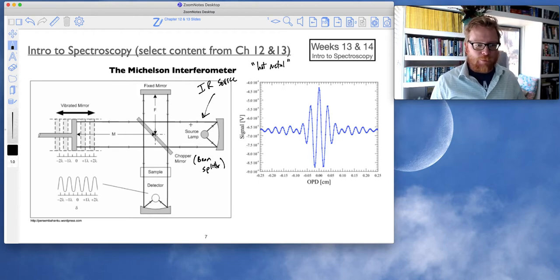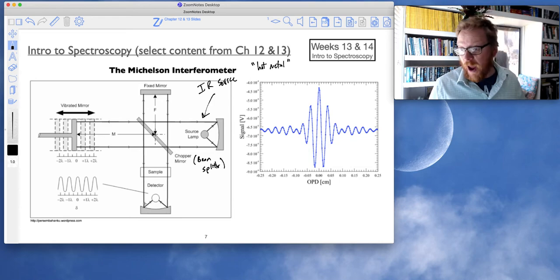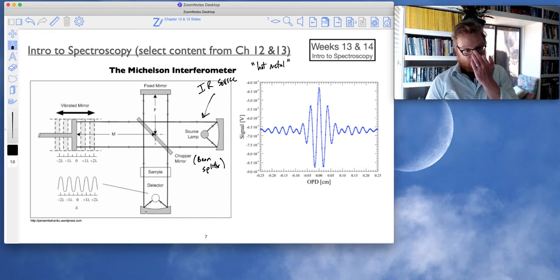So for example, in this mirror, it allows the light to pass straight through, okay? Light is also reflected at this angle as well, hits this fixed mirror, bounces back and transmits all the way through the sample, okay?